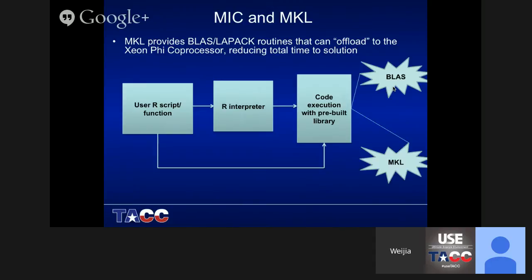On our machines, we can link them with MKL. If we link MKL, and we have the MIC card installed on the same node, then a lot of code, especially linear algebra related computation, can be automatically done through MKL on those MIC cards.